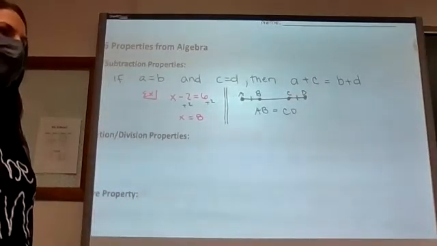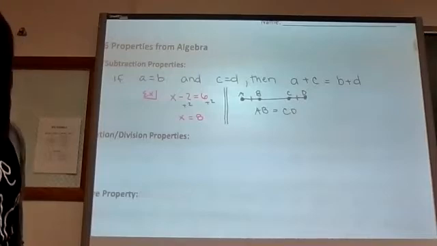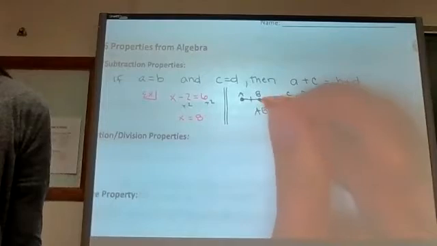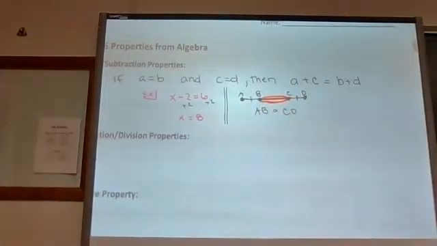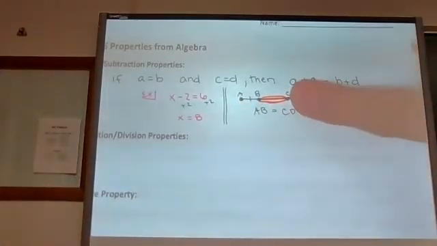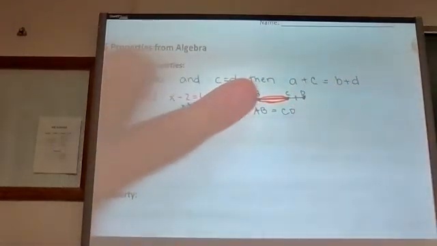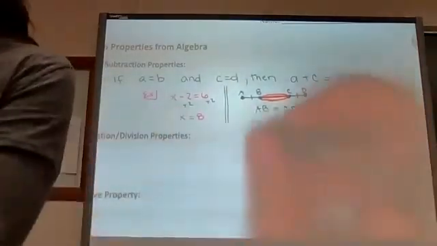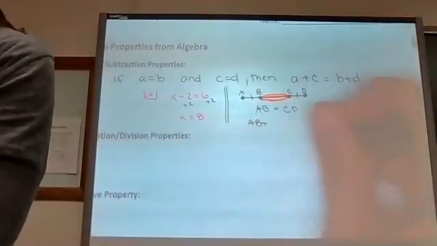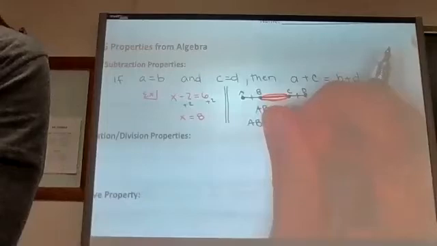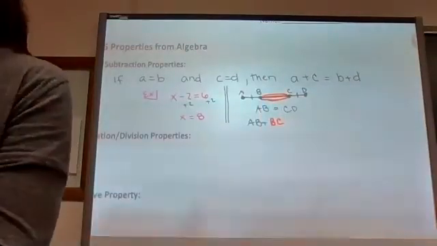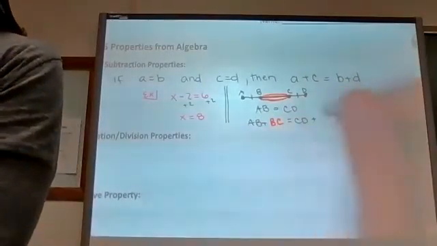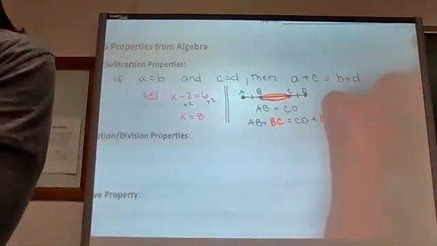This is what the addition property looks like in geometry. Do you agree with me that I have BC in the middle, and that whether I look at this segment or this segment, BC is the same length either way around? So I can say that AB plus BC would be the same thing as CD plus BC.